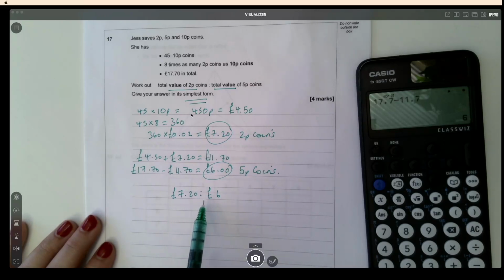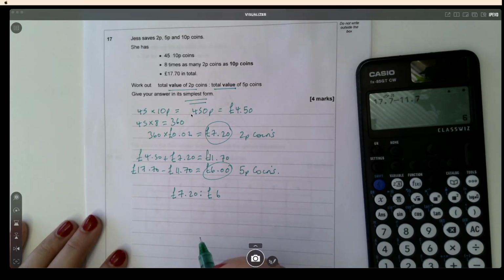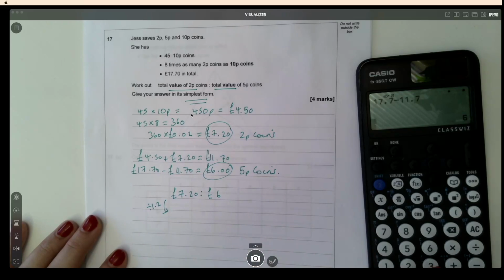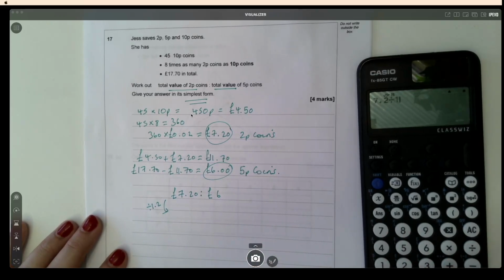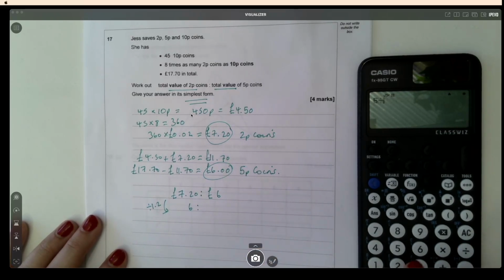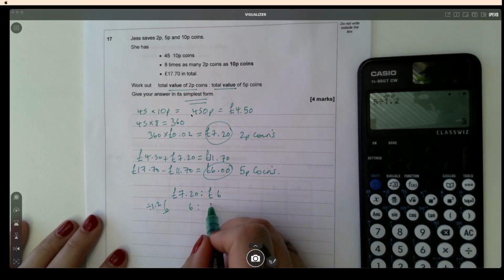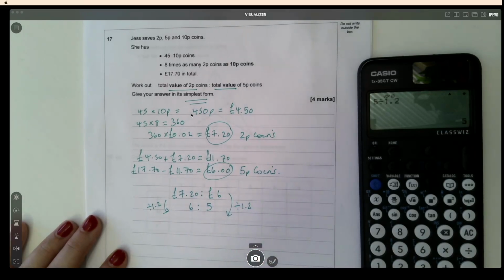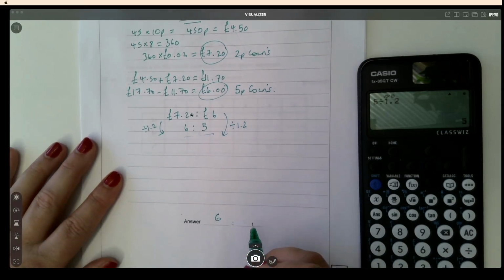So what I'm going to do is divide by 1.2. So 7.2 divided by 1.2 is 6. And 6 divided by 1.2 is 5. So the answer is 6 to 5.